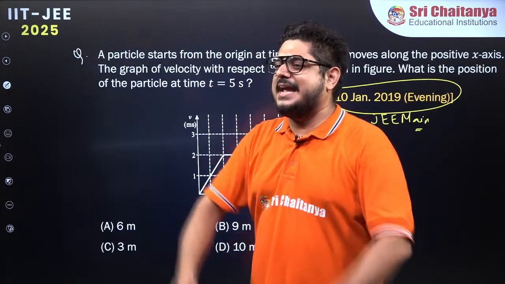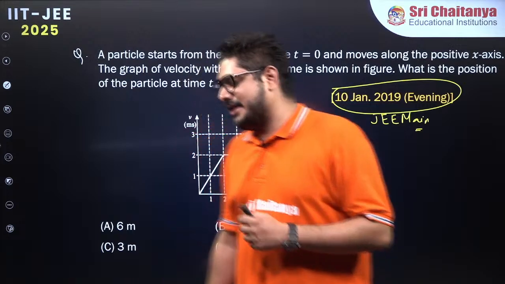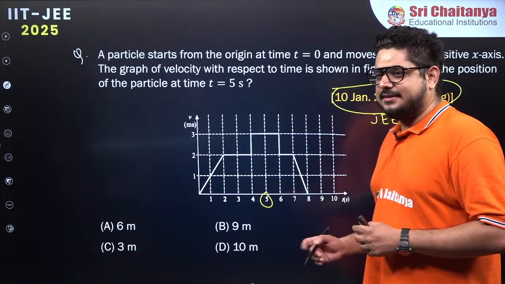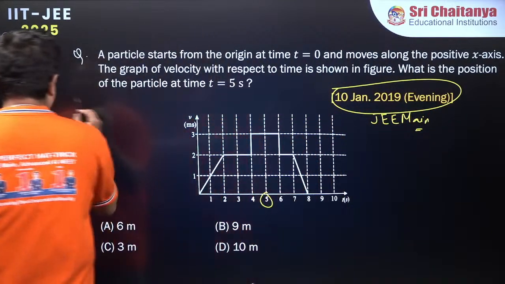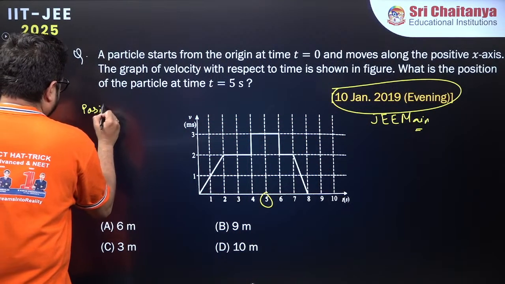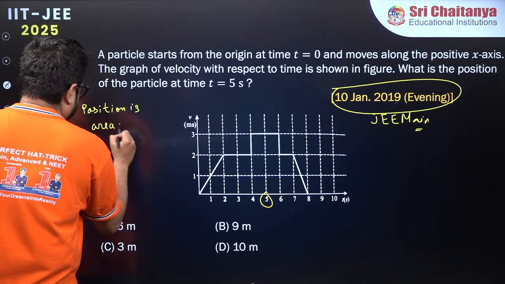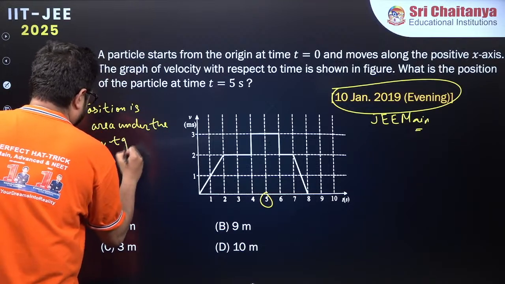So can you write down the answer, those who already know the calculation? So what needs to be done? I will write down once again: position is the area under the velocity time graph.